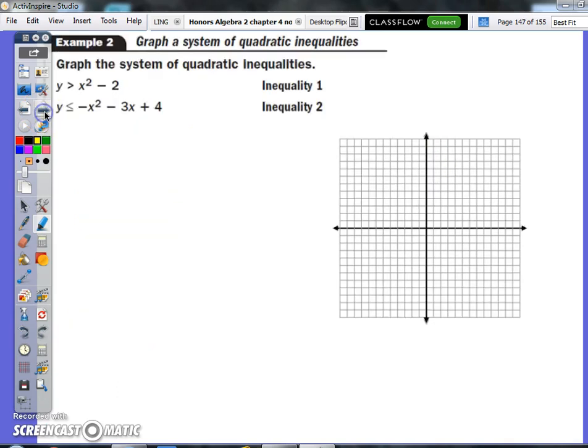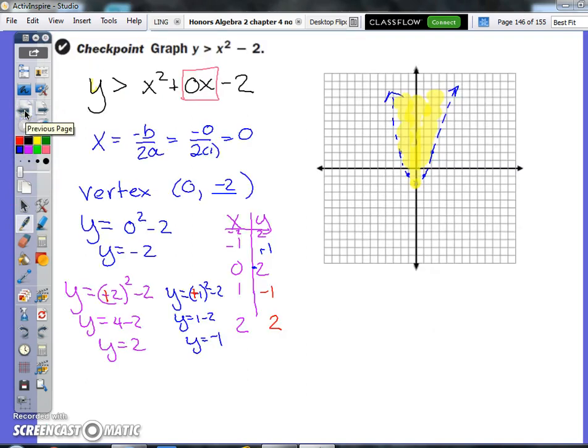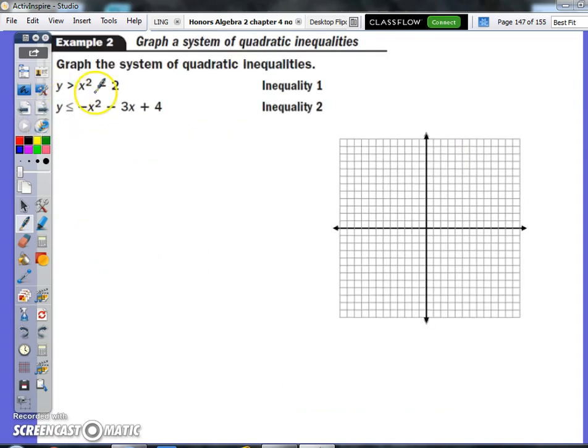Let's do the next problem. Here you're doing 2 of them. Alright, so you have to graph both of them. The first one I will graph in blue. And if you notice, it is this equation. Y is greater than x squared minus 2. So you know your vertex is 0, negative 2.